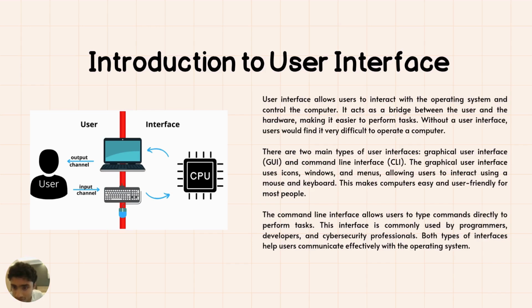In contrast, the command line interface enables users to type commands into the computer directly, which is used by programmers on a daily basis and system administrators for more advanced options, for more advanced controls.